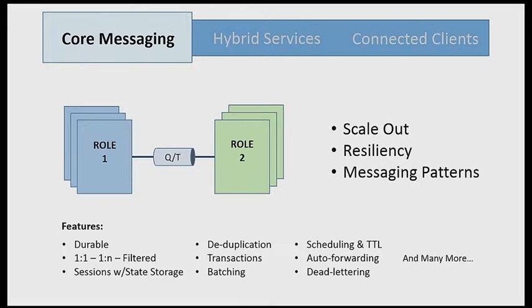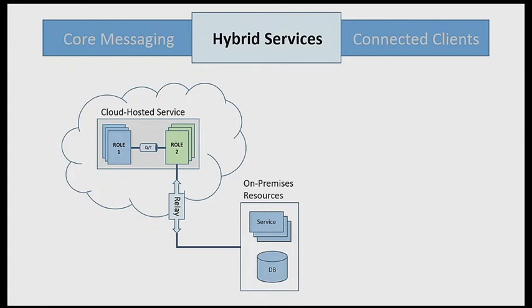And on top of this basic queuing capability, we have many advanced features and messaging patterns you can deliver. So this is a laundry list of what you can do with Service Bus messaging. I'll just focus on a few of the new features we have introduced in the last 12 months.